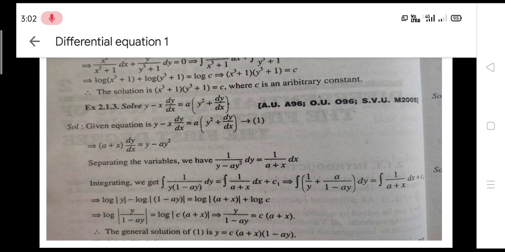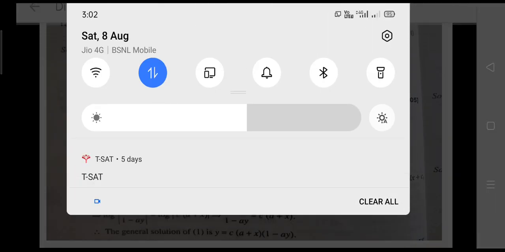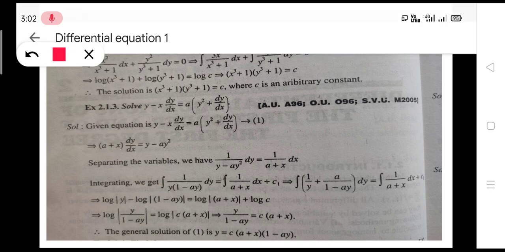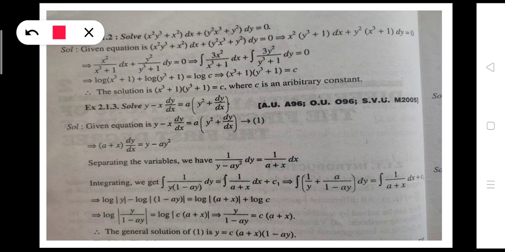This is equation 1. Modifying the given equation, not differentiation, that is written as a plus x into dy by dx is equal to y minus a y square.